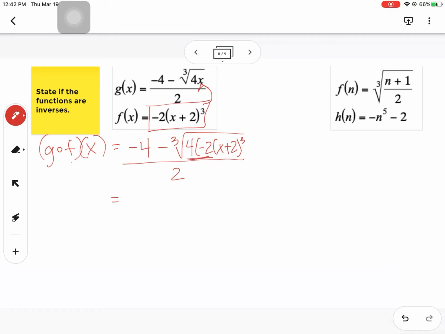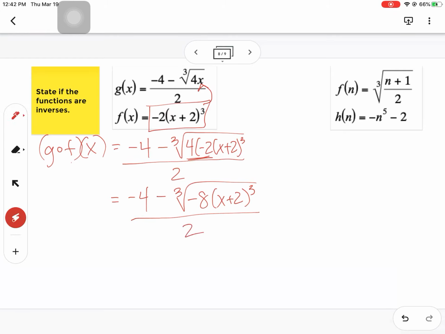Doing this math, 4 times negative 2 gives me negative 8. And where this is helpful, I can cube root both of these things. The cube root of negative 8 is just negative 2. Cube root of x plus 2 cubed is just x plus 2.